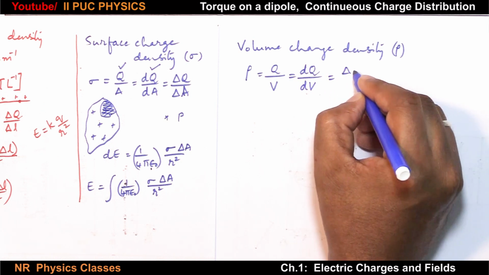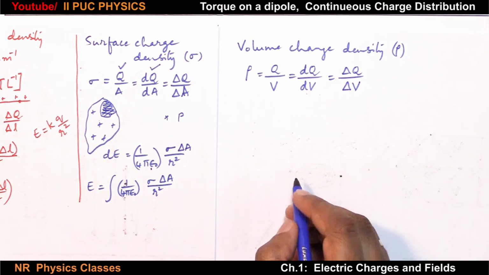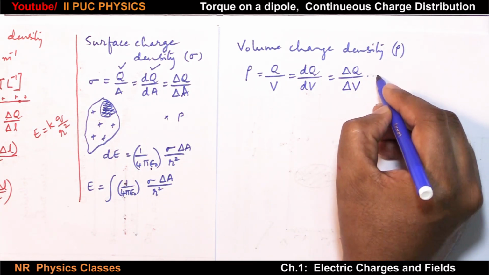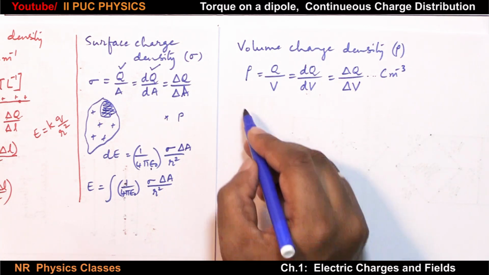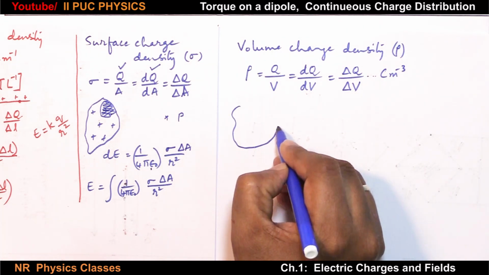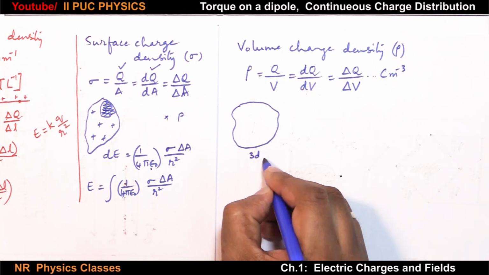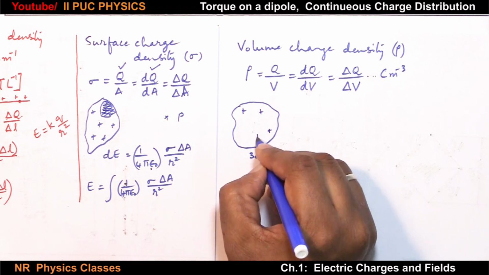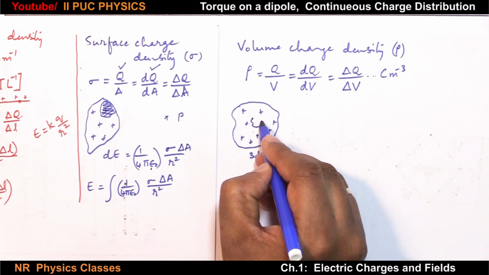Here the SI unit is coulomb per meter cube. Now let this be some three-dimensional arrangement, let me write 3D, and this has charge. Consider a small region.